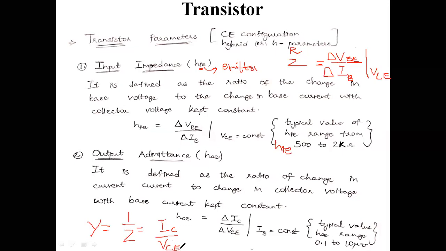And what is the constant value maintained? I may take this constant value as IB. Base current is set to some constant value.